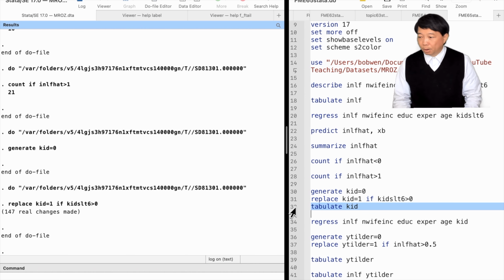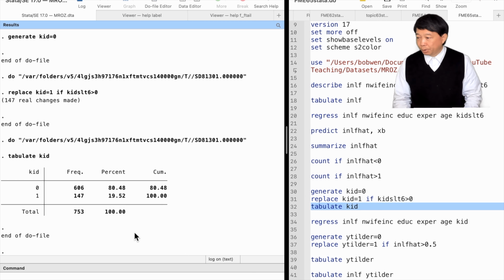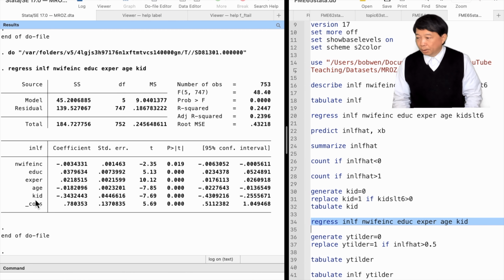In our example of 753 married women, 147 have at least 1 child less than 6 years of age. We included it in the model instead of the continuous variable kid less 6. The estimate of the coefficient of the dummy variable is minus 0.34.